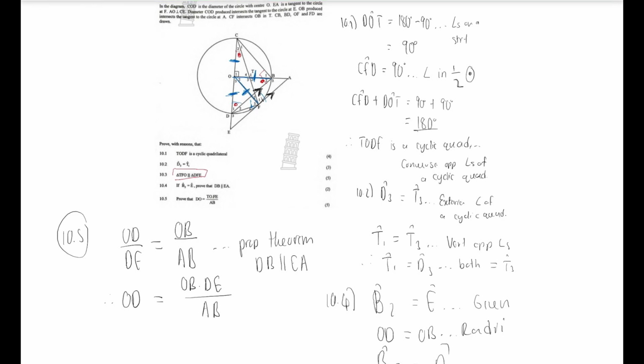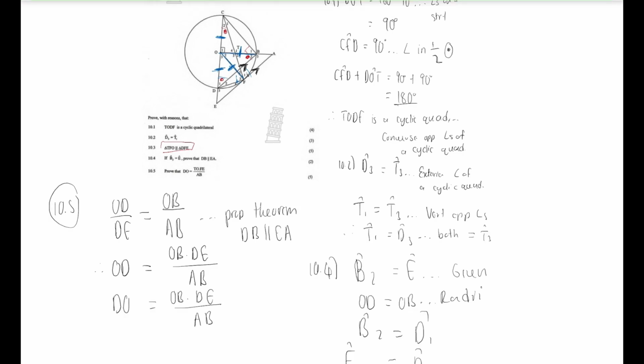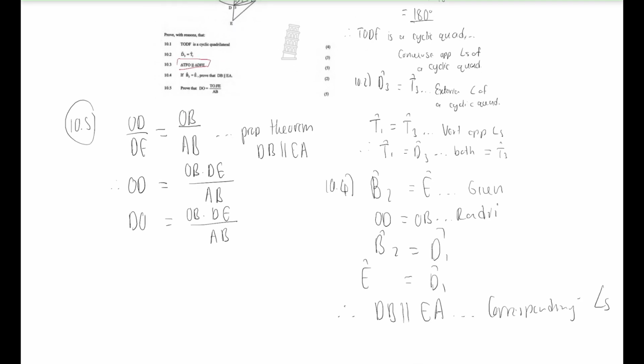And remember, eventually you're going to replace, so let's just keep it like this and we'll do it later. So it's DO equals OB times DE over AB. Okay, and then we go to our similarity, which we have in those two triangles.